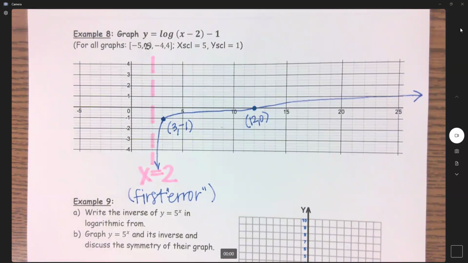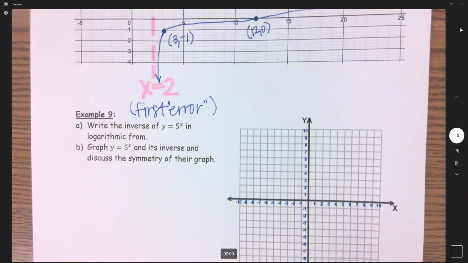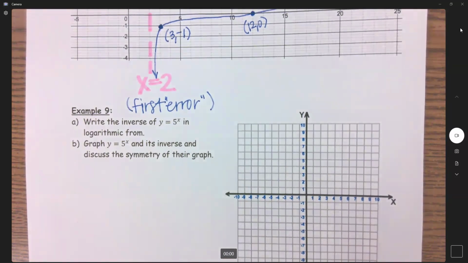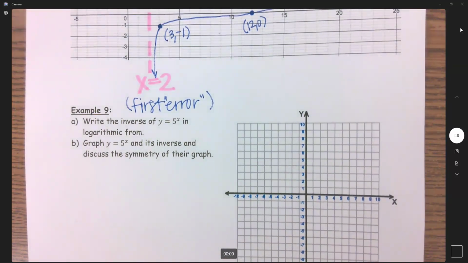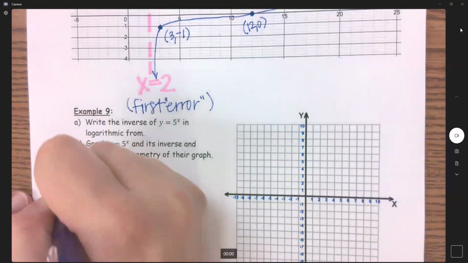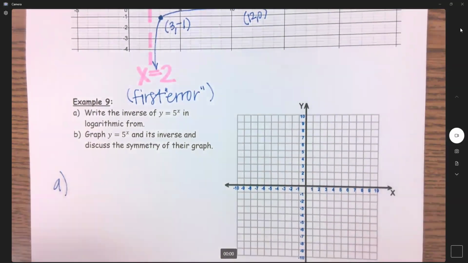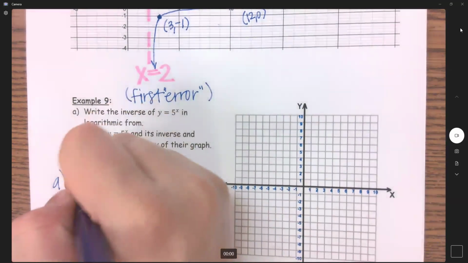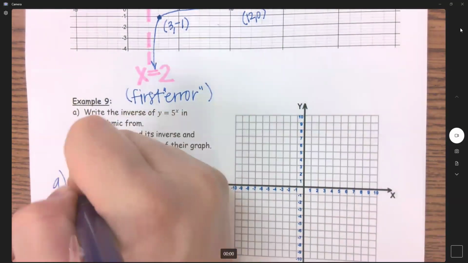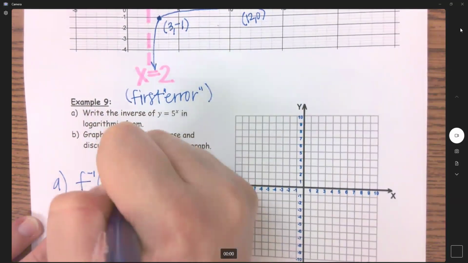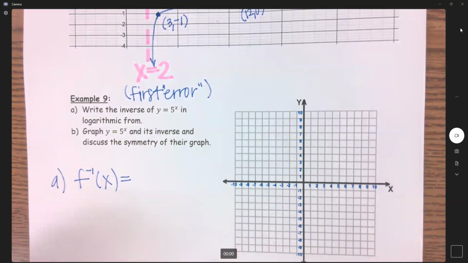Example 9 is going to be one similar to one you see in my math lab. Don't overcomplicate this. This says write the inverse of y equals 5 to the x in log form. So if I rewrite this as my inverse, let's look at the pattern here.